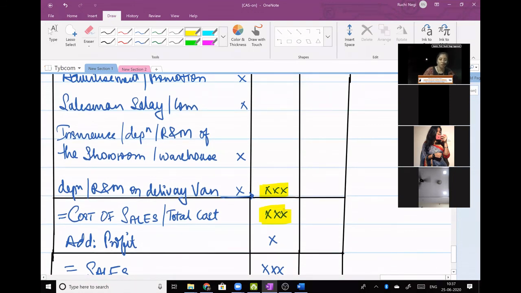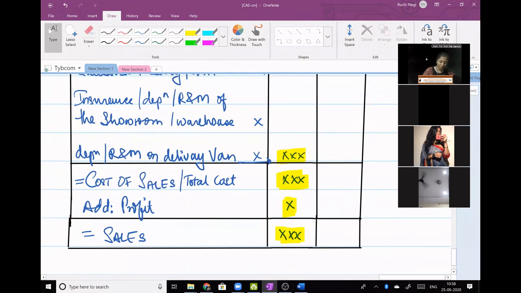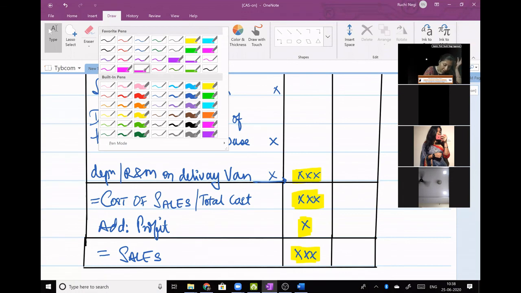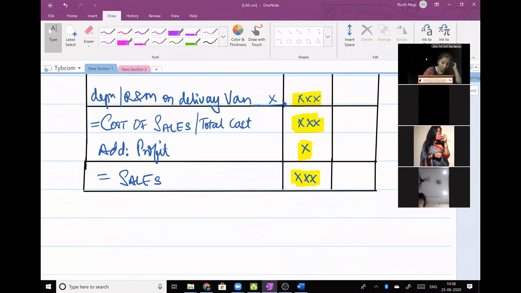I'll get cost of sales, that is my total cost. Add profit to this, I will get my revenue. See, what did I tell you in the beginning? I will justify the formula. Every lecture I've been telling you about the formula: cost plus profit is equal to sales. So every chapter of cost accounting will teach you to justify this equation. Total cost plus profit is equal to selling price.